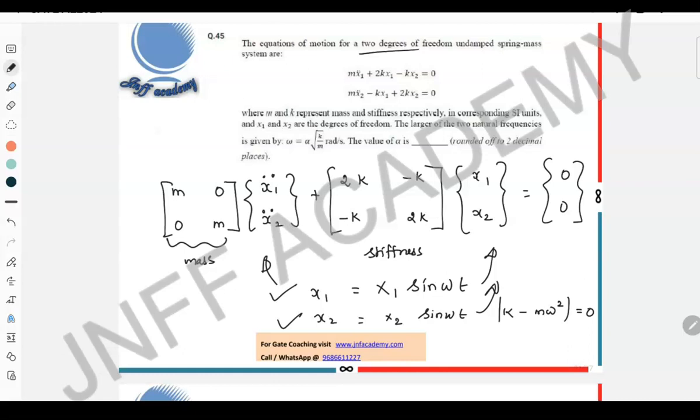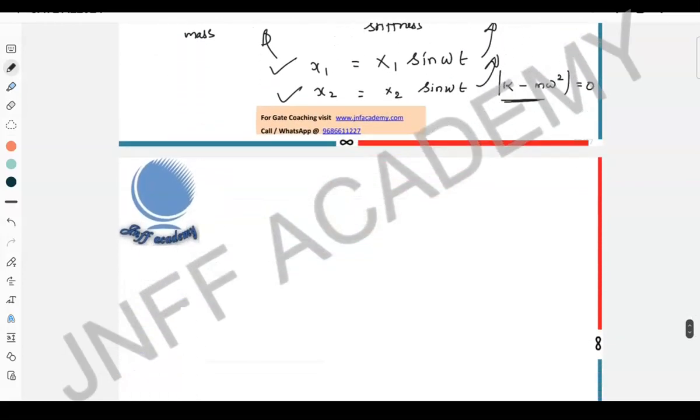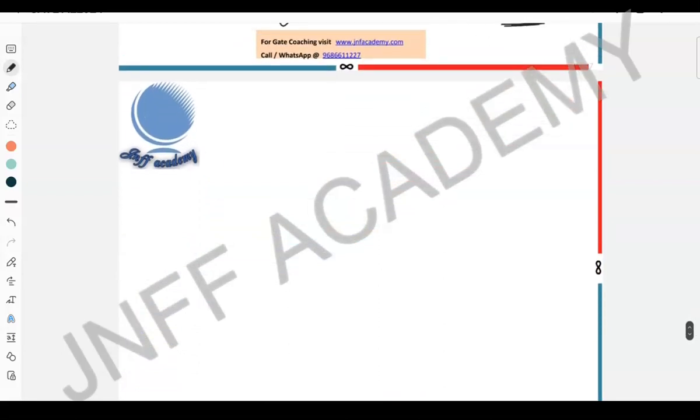For the time being I am skipping the steps, so straight away I will go to this step: k minus m omega square. Instead of k, here we have 2k minus m omega square, here minus k, here minus k, and 2k minus m omega square is equal to 0.